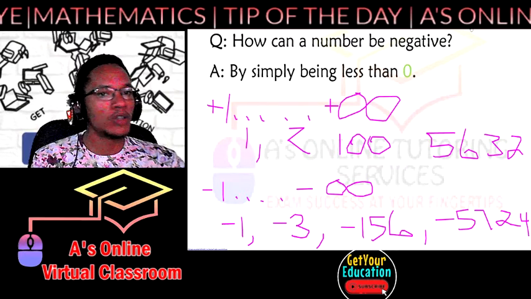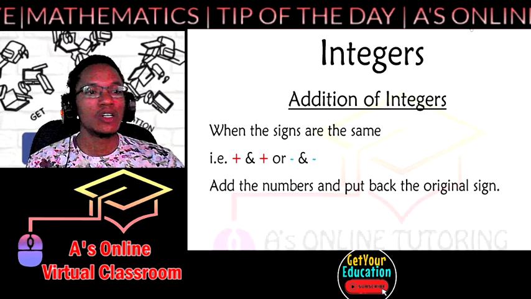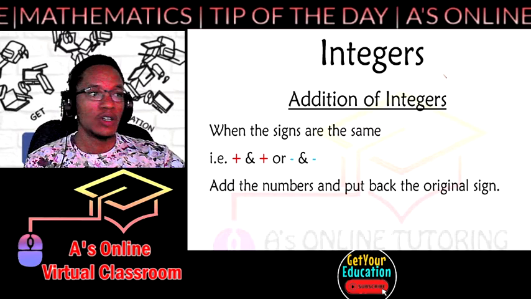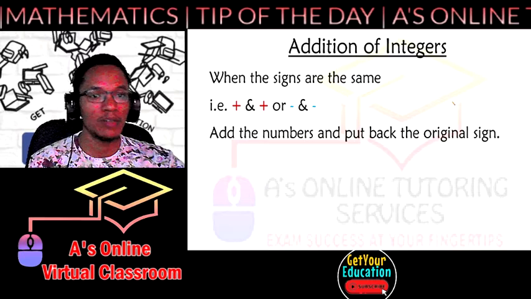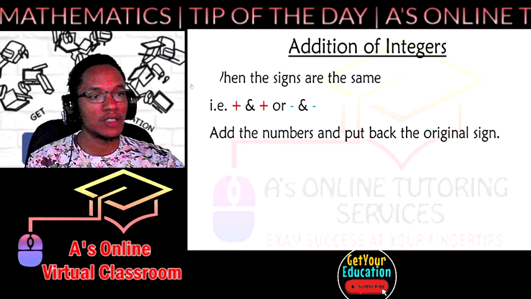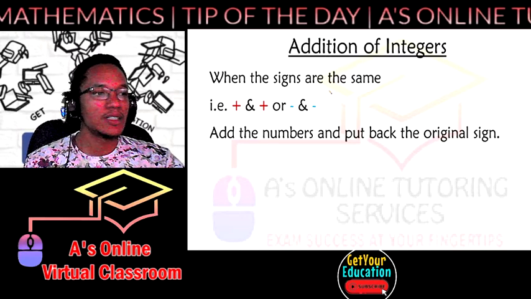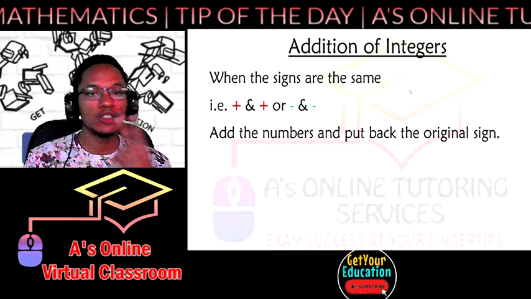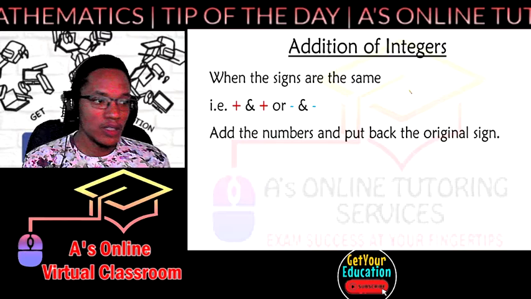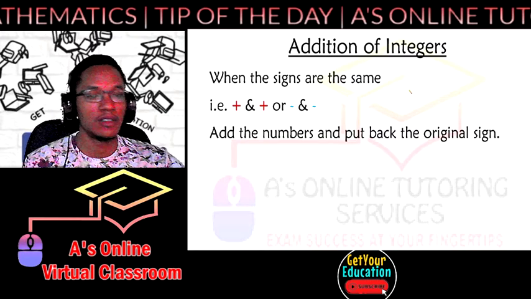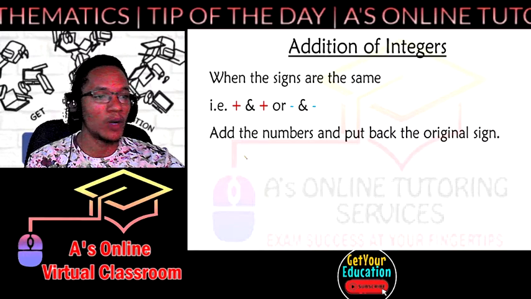We want to look at addition of integers, because it could get a little confusing when all of these signs come into play. So let's look at some examples. When the signs are the same, when you add two integers that have the same signs, you add the numbers and put back the original sign. This one is simple. We've been doing this for a while.